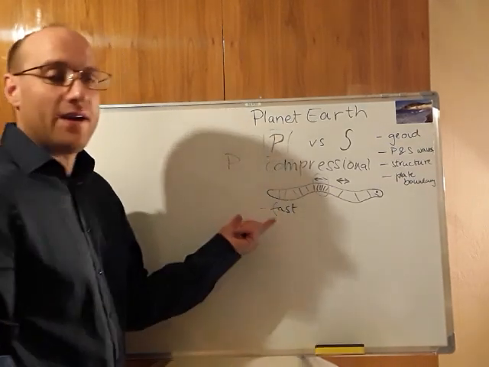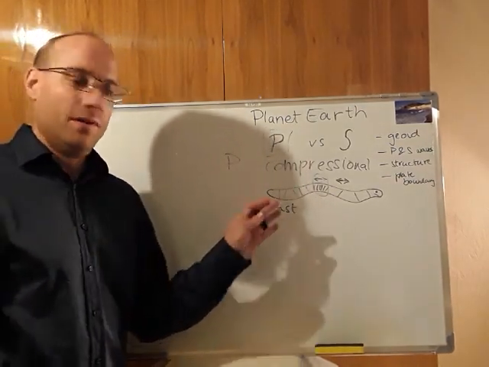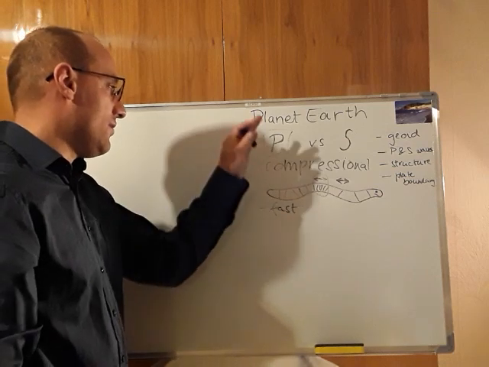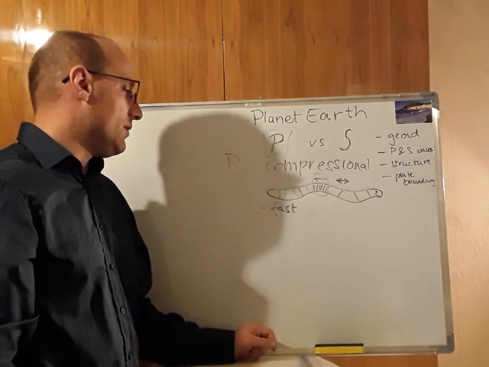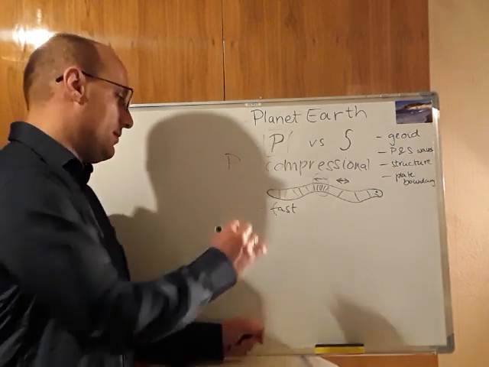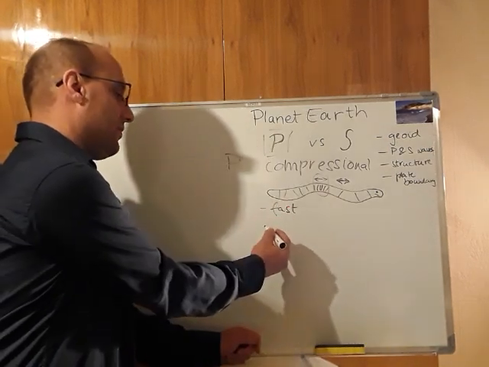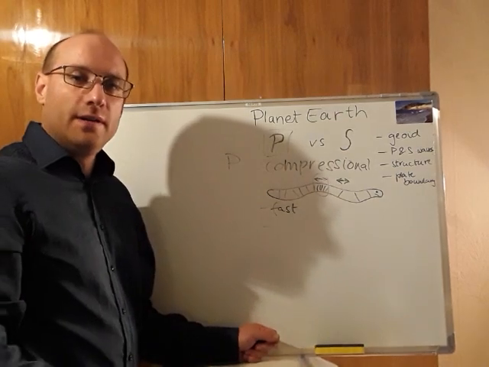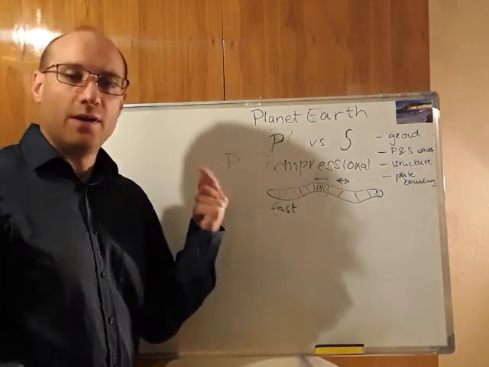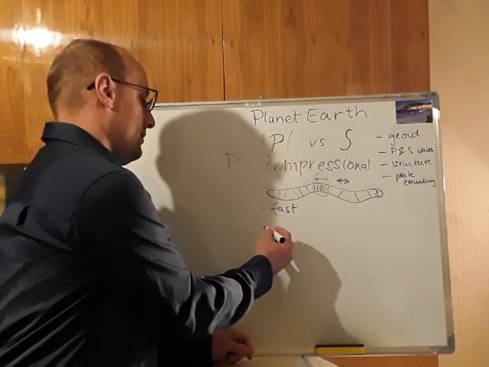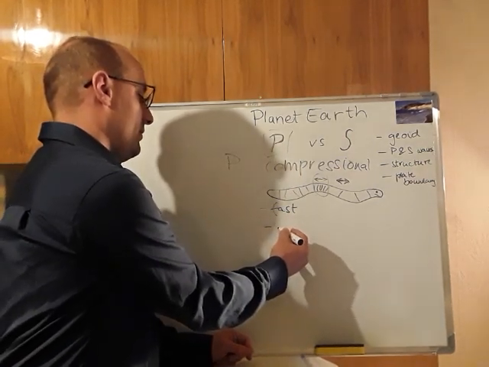You can remember the actual numbers and values, but it's not necessary. At this point, I just say that this is going to be something of relevance to us, only to say it's faster. And we also know that it will be able to cross not only solid but liquid and gas materials.